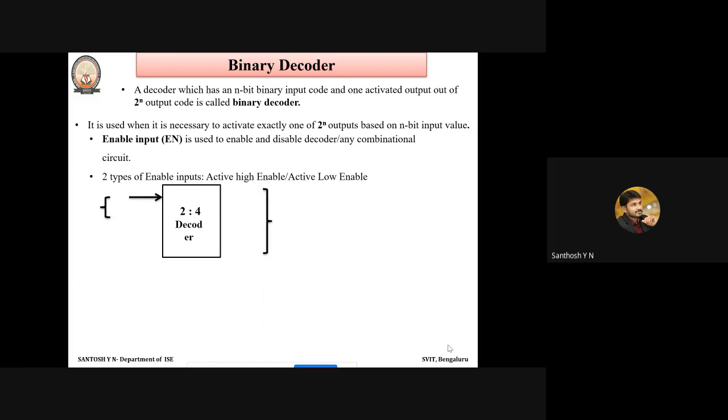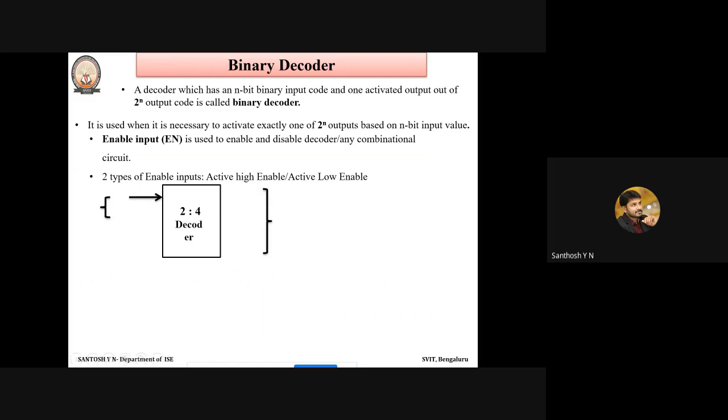You have to extract the original format, whatever data you converted initially in the encoding section, you have to decode it once again. It is just the opposite of encoding. Whatever you have converted at the transmission section, you are decoding to the original format. You are extracting the original form. That is called decoding.